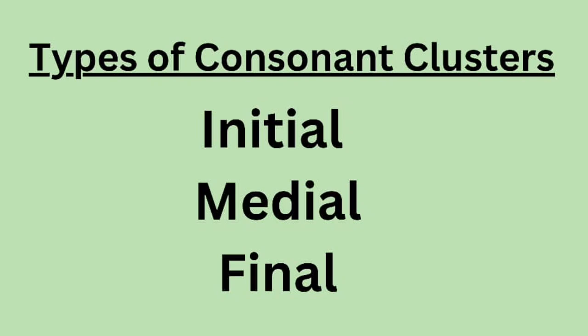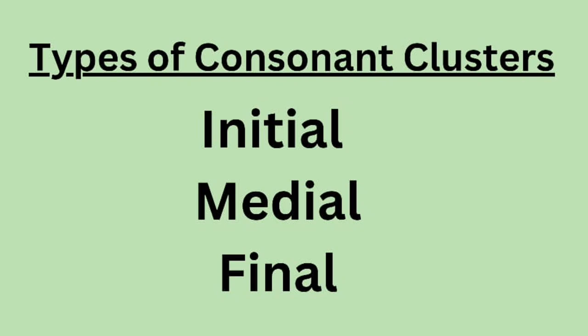In the word stop, we have consonant S and consonant T. Then in the word tree, we have consonant T and consonant R. So blue, stop, tree all have consonant clusters at the beginning of them. Then we have words that have three consonants clustered at the beginning.